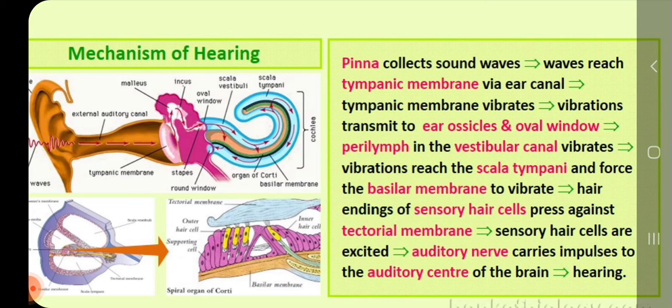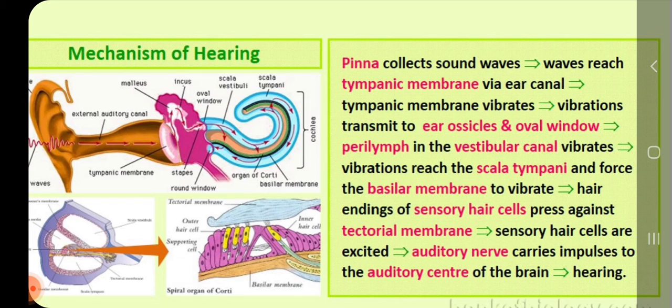These waves in the lymph induce a ripple. What does ripple mean? You might have observed in water bodies, when you throw a stone into the water, how wave-like forms are created. That is called a ripple.